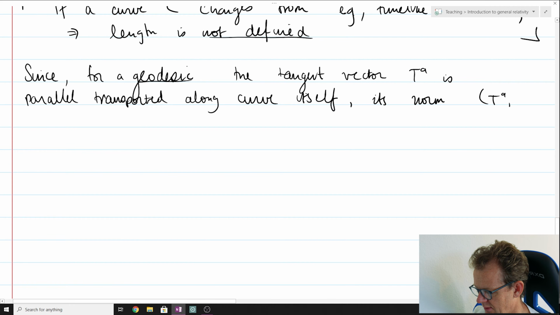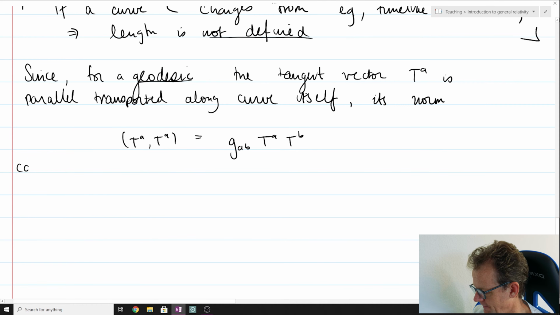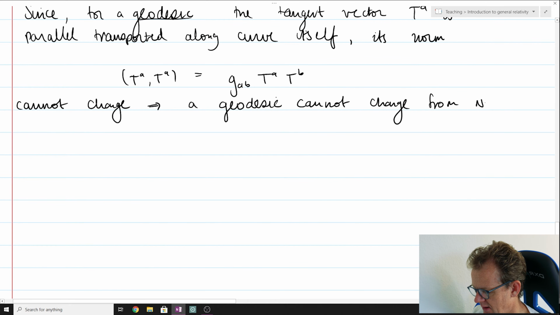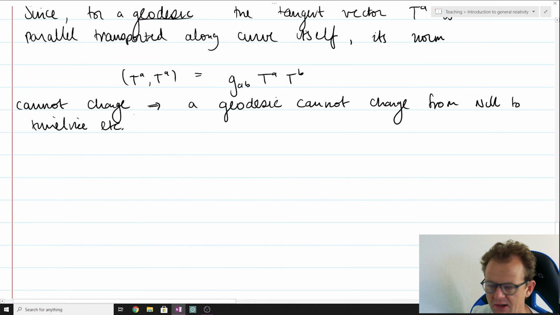The norm being the inner product of the tangent vector with itself, which is also known as just the metric contracted. And what does that mean? Well, it's basically a proof of the statement I just made earlier that this geodesic cannot change from null to timelike, etc. A timelike geodesic can't change to being a space-like one, and so on and so forth.